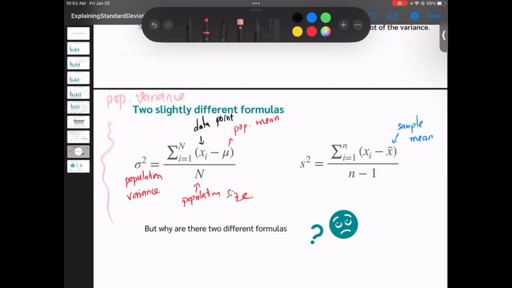So that's sample variance. Instead of big N, the population size, we have little n, that's your sample size. Xi is still your data point from the sample, and x bar is the sample mean.